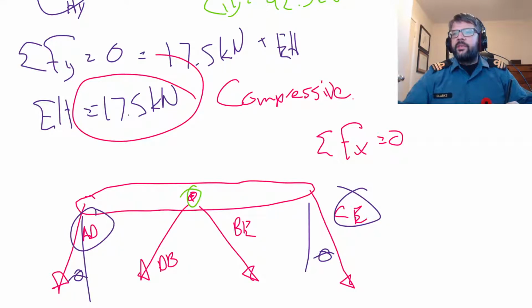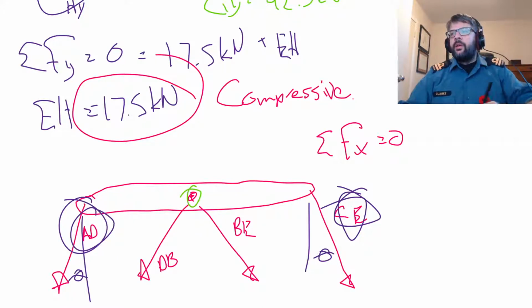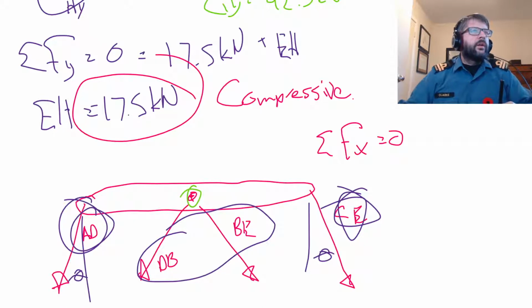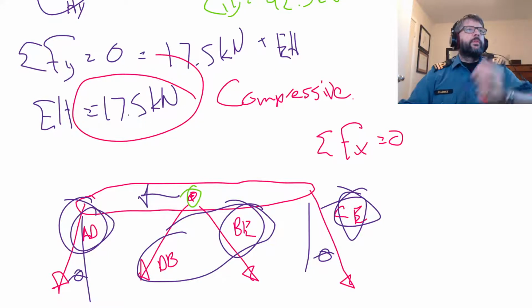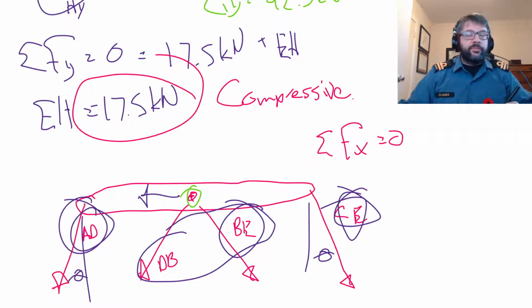So we know that whatever AD is pulling or pushing on the bar, CE will pull or push on the bar an equal and opposite amount. So therefore, the same thing has to be going on here. Whatever force DB is pushing or pulling on the bar with in the x direction, BE also has to be pushing or pulling on the said bar in the opposite direction.